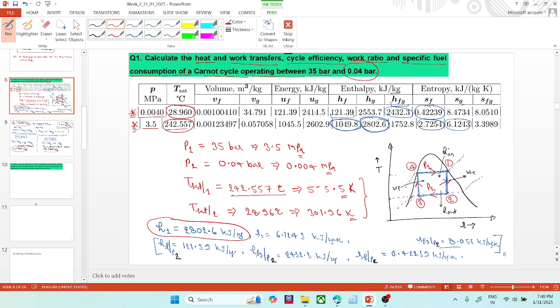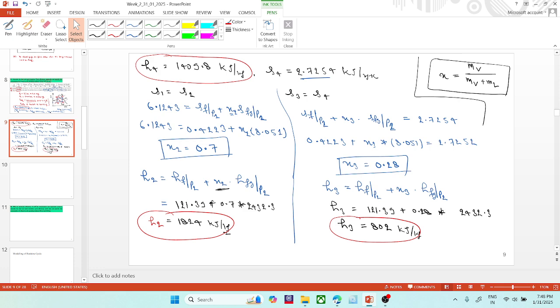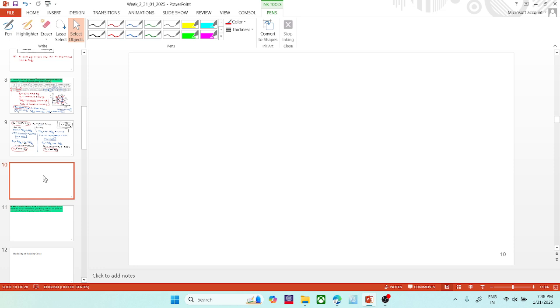Let me take this page upward. What was the value of H1? H1 was 2802.6 kilojoule per kg.